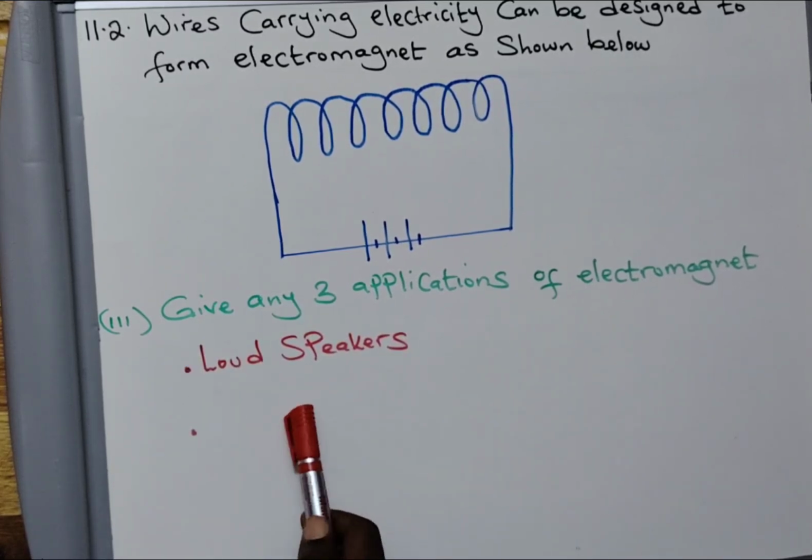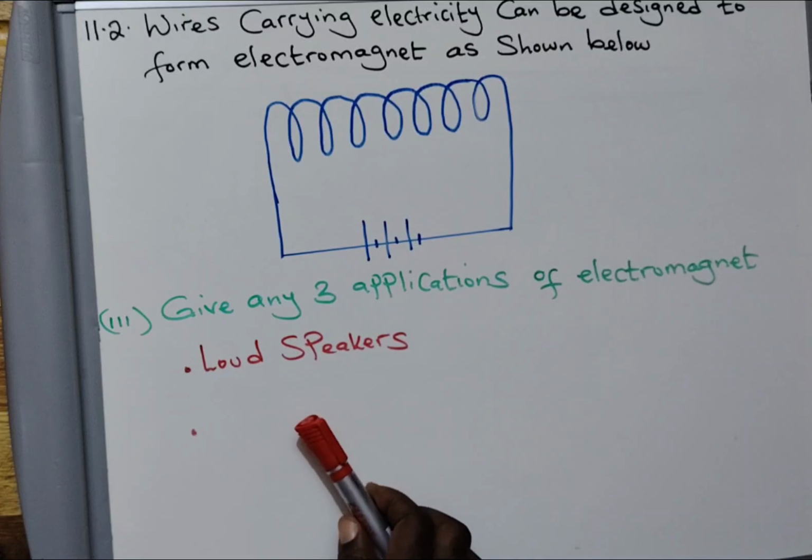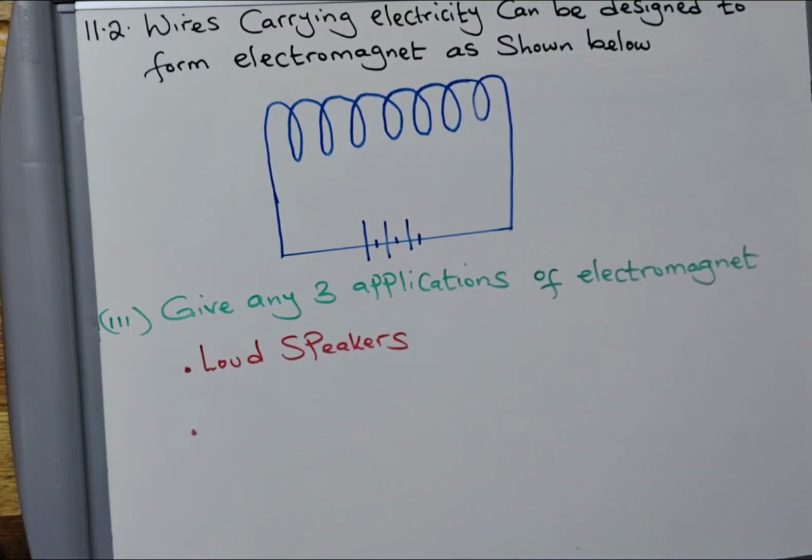In a loudspeaker, that paper you see vibrating is vibrating as a result of a magnet whose magnetism varies as there are changes in the electric current going through. Then the second application of electromagnet is electric bells.